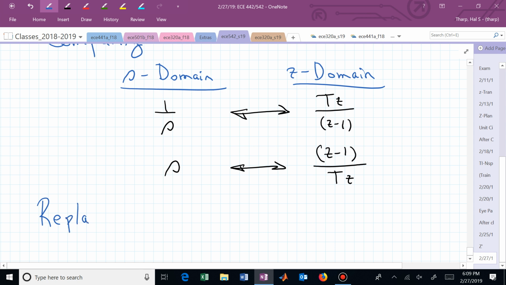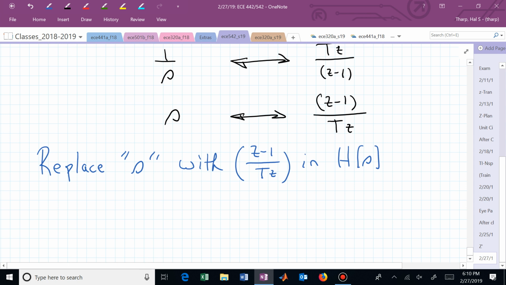To do the backward numerical integration strategy, we replace everywhere we see an S with a slightly modified z expression. It's now z minus 1 over T z in the original transfer function H of s to obtain H of z.